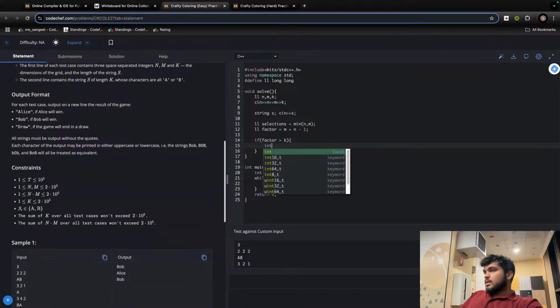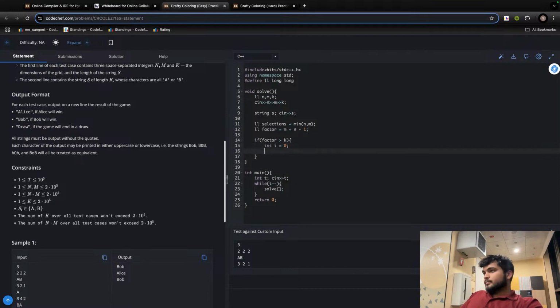Int i equals 0, and let's initialize a variable which will be equal to the size of the string, and we'll make the size of the string equal to the factor.